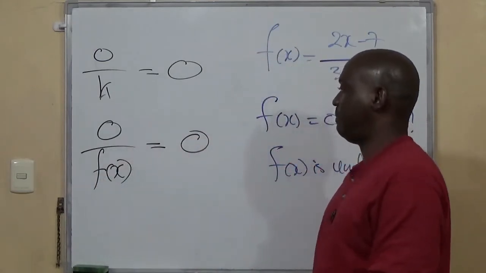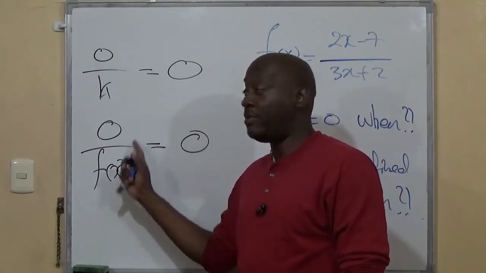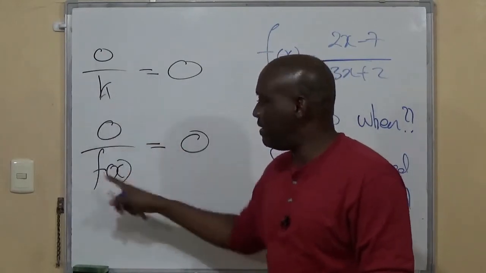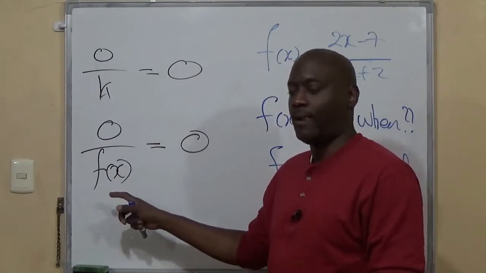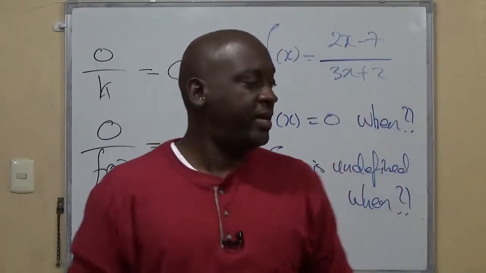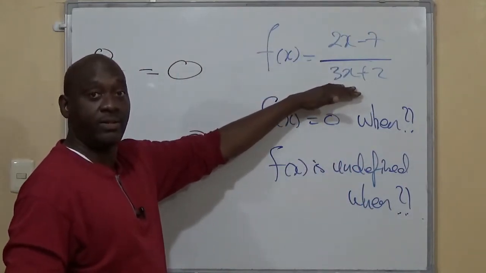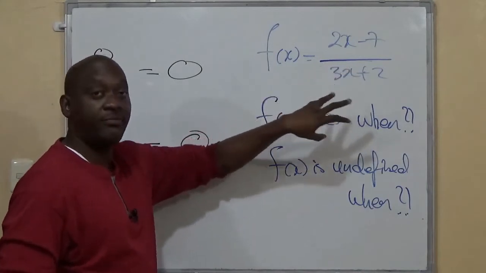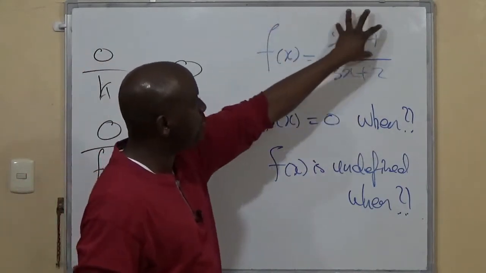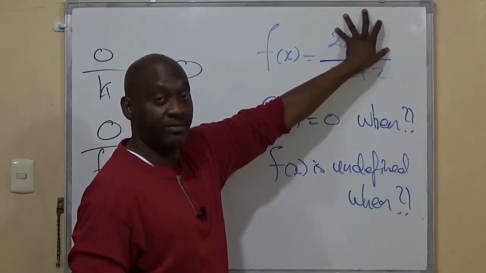So in other words, it doesn't matter what you have in the denominator. If the numerator is 0, then whatever you have here will end up being equal to 0. So if you want to find the value for which any rational function is equal to 0, all you have to do is take the numerator and equate the numerator to 0, and that will give you your answer.